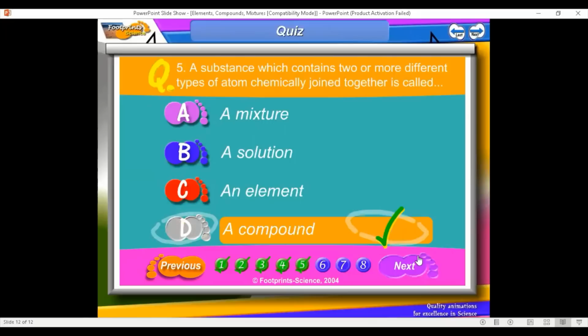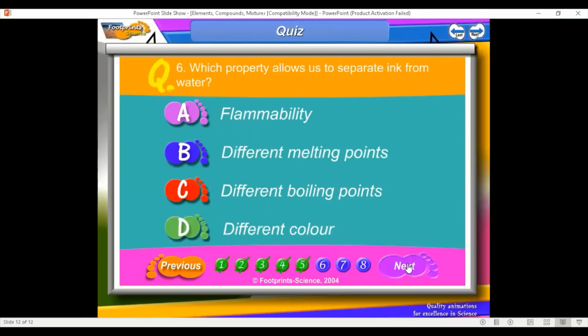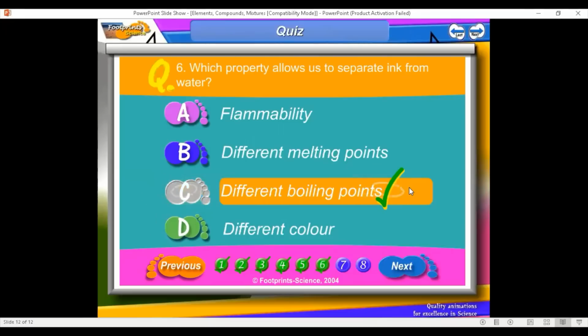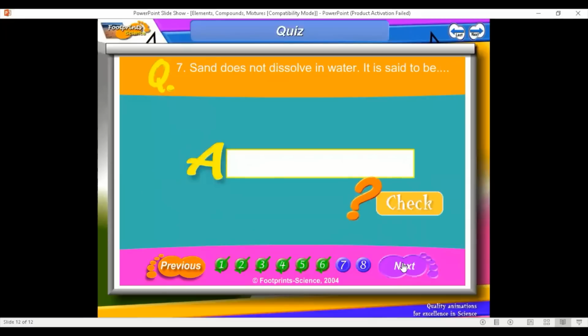Marvelous. Getting somewhere here. Which property allows us to separate ink from water? Ink from water, both liquids. Should we try distillation maybe? Different boiling points? Yeah. Here we have sand does not dissolve in water. It is said to be, is it soluble or insoluble? Let's have a look.